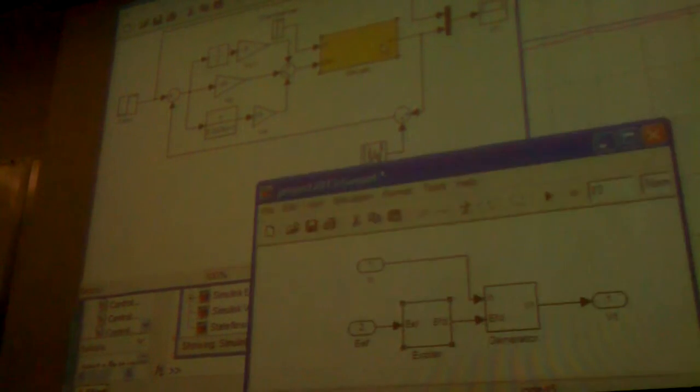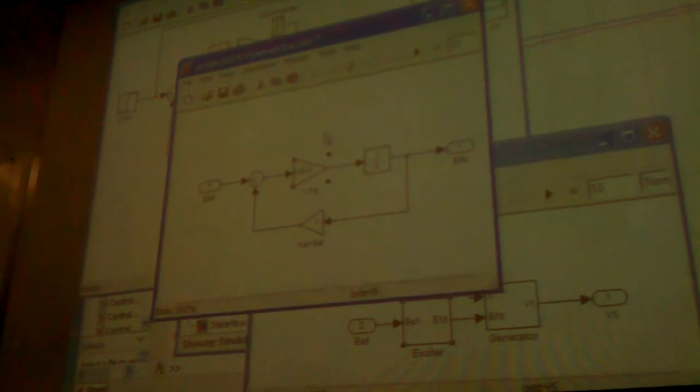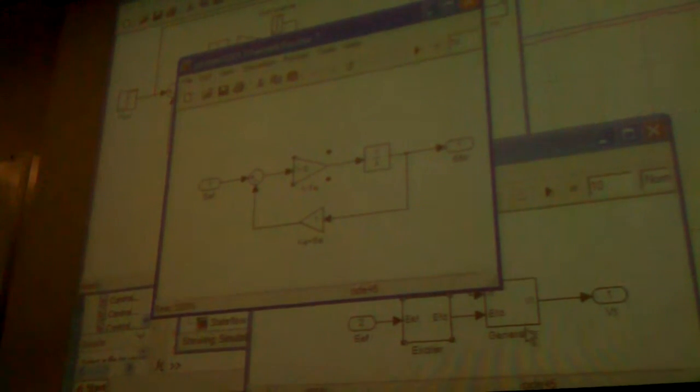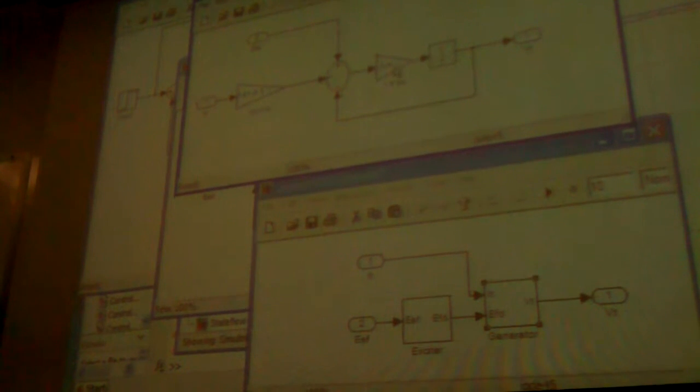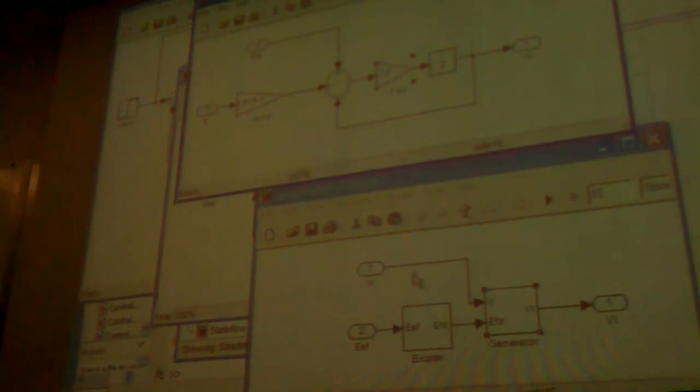Let's go to 2 and 7. So I'm changing this to 2. You can learn it.